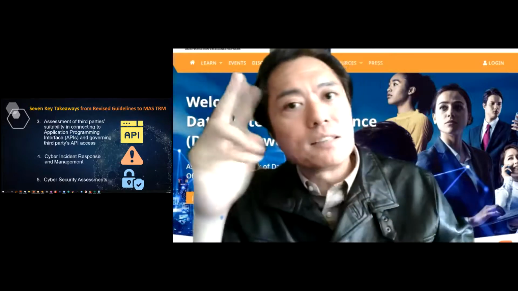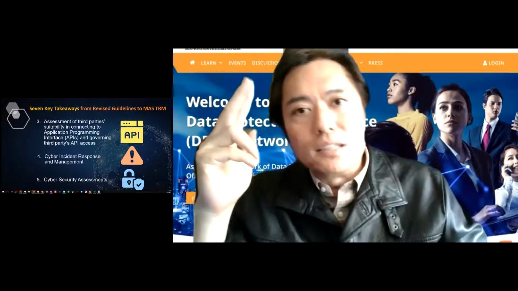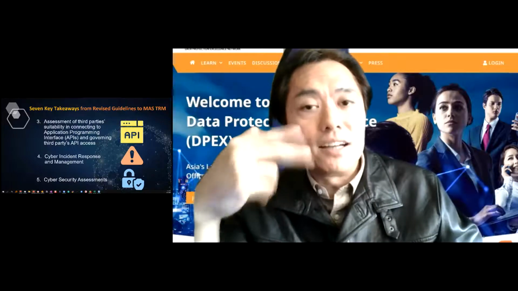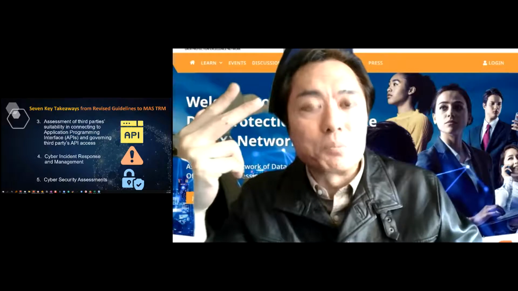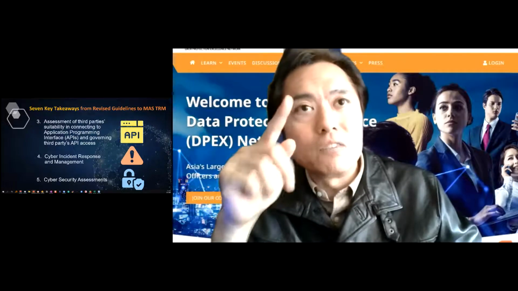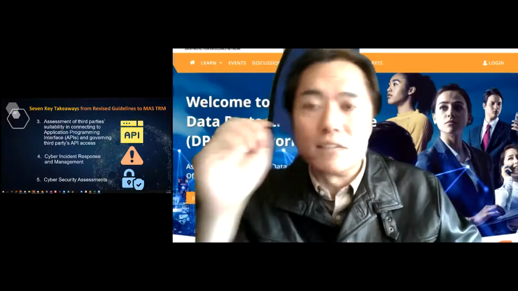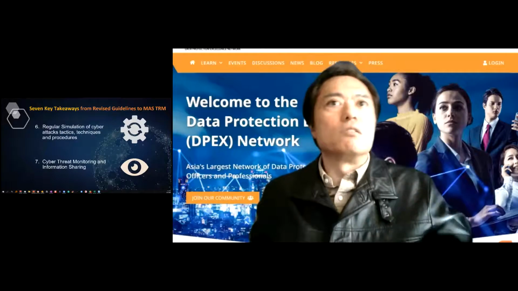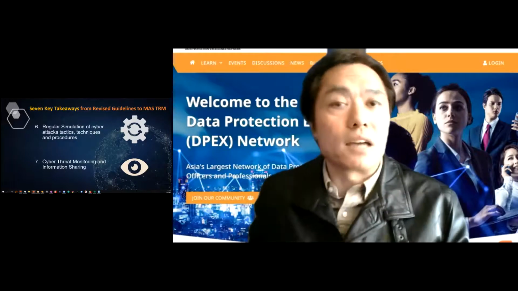If these 2, your vendor say don't know what it is, it's a red flag for you, especially if they're IT vendor for you. Okay. If you're a vendor, you don't have any of these, be ready to produce it, because I can tell you more and more duty you're going to be asked. In MAS case, if you're working for financial firms, you need to have this, right? Minimum. Right. So regular simulation of attacks.